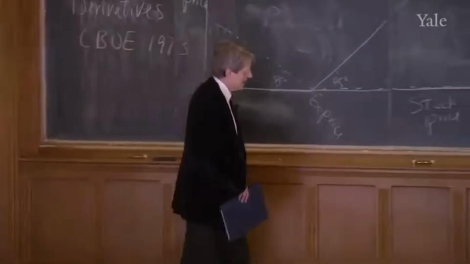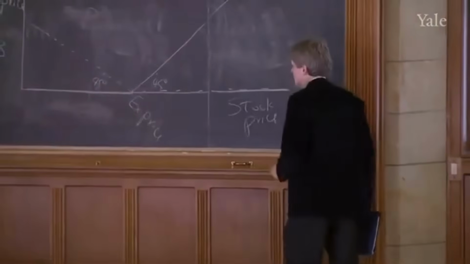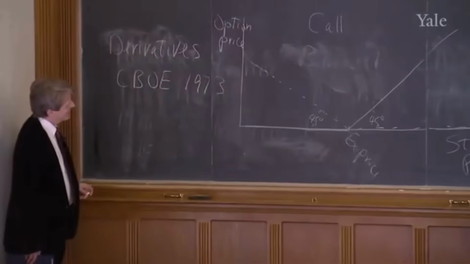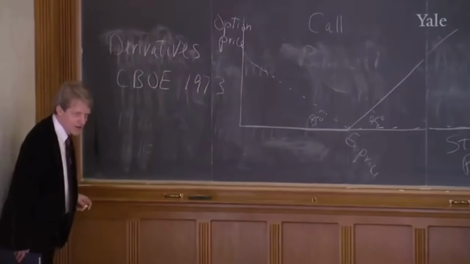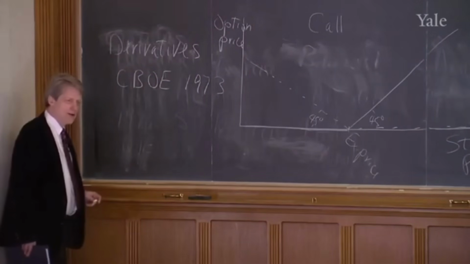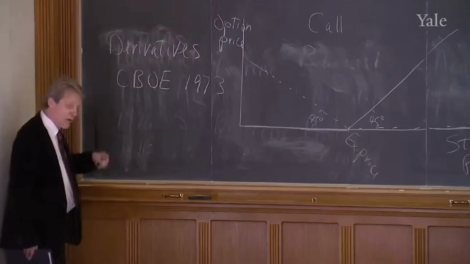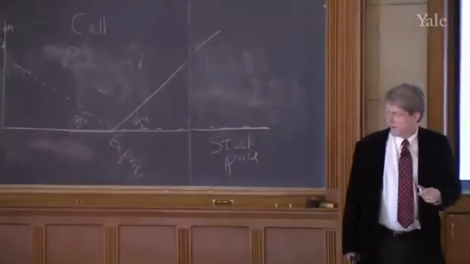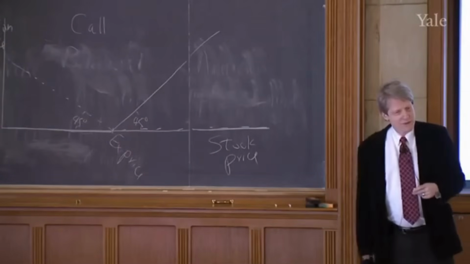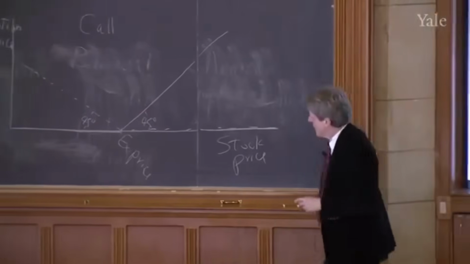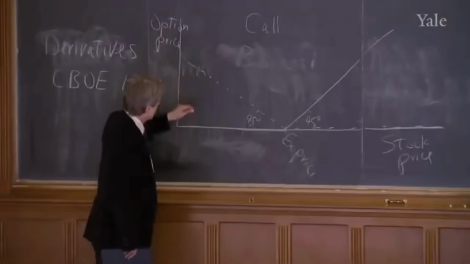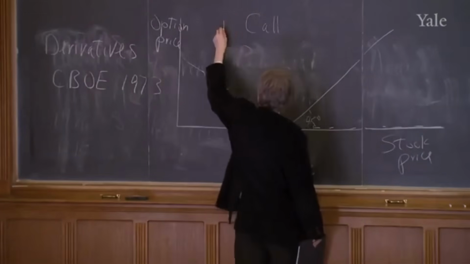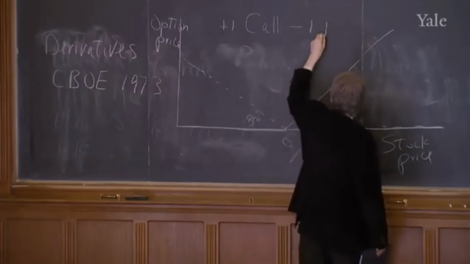So that's on the exercise date. Now, it's interesting that there's a pretty simple pattern here between puts and calls. What if I buy one call and I short one put, all right? Or write a put. Same thing as writing a put and shorting a put are the same thing, all right? What does that portfolio look like? Well, if I put that portfolio together, I want to have plus one call minus one put.